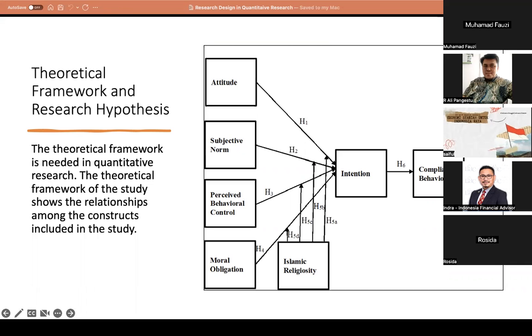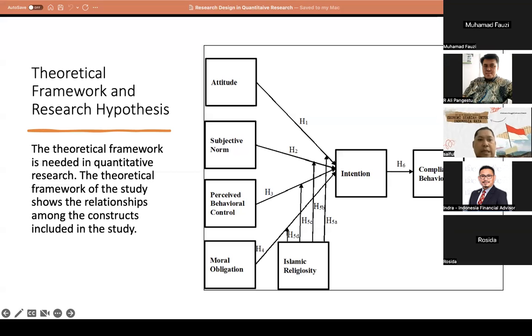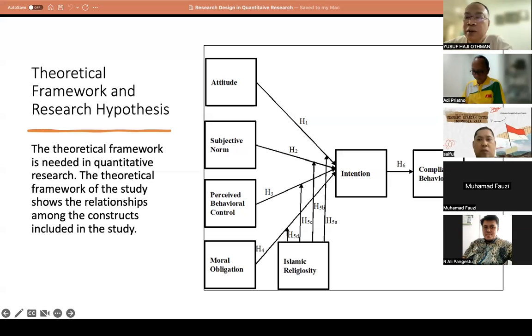Yeah, Dr. Saiful. Sorry for being late, Prof. The question by Bapak Adi Priyatno is he wants to change from qualitative to quantitative. But in my opinion, when you choose a topic, you choose something that you are most familiar with, yeah.